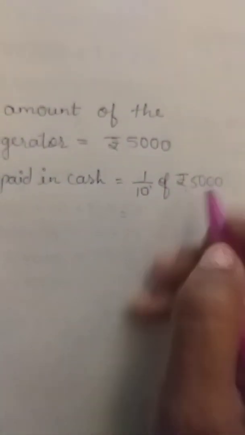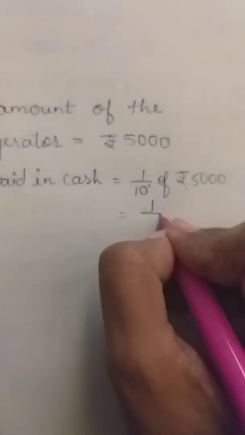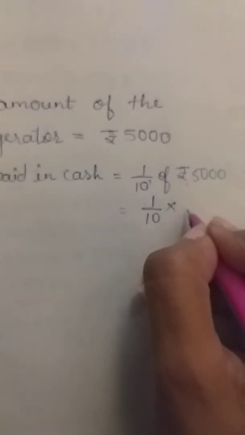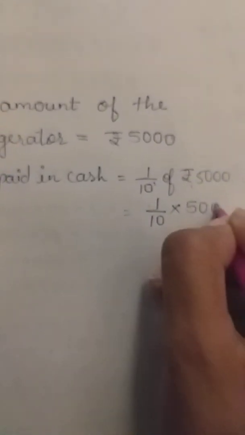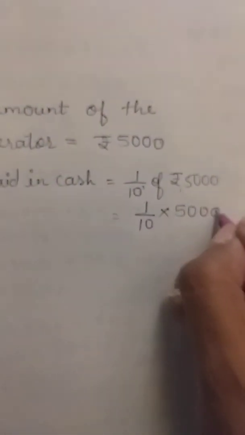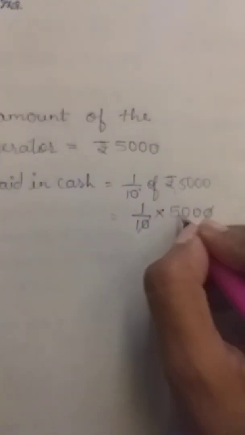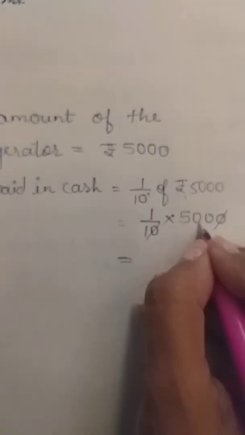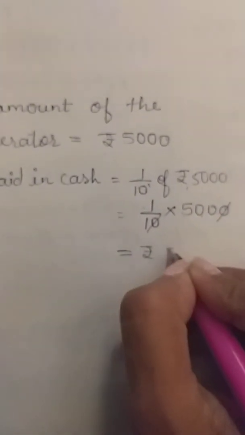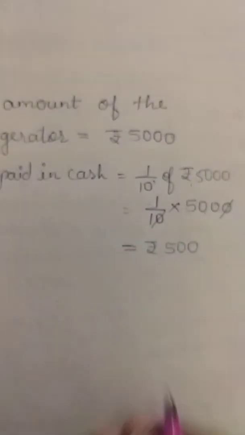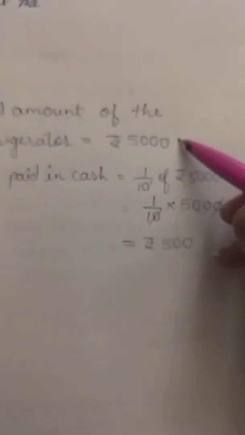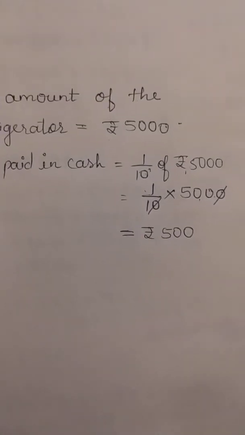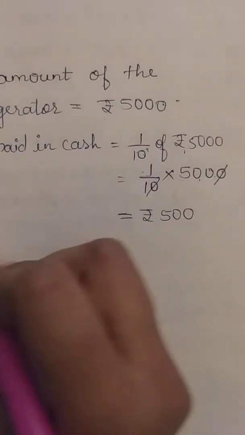So 1 by 10 of 5,000 we will be multiplying. Of means multiplication. So 1 by 10 of 5,000. 0, 0 cut. Now this is rupees 500 in the numerator. So 1 multiplied by 500, that is rupees 500. Now see students, from this 5,000, if 500 is paid in cash, what is the balance amount?